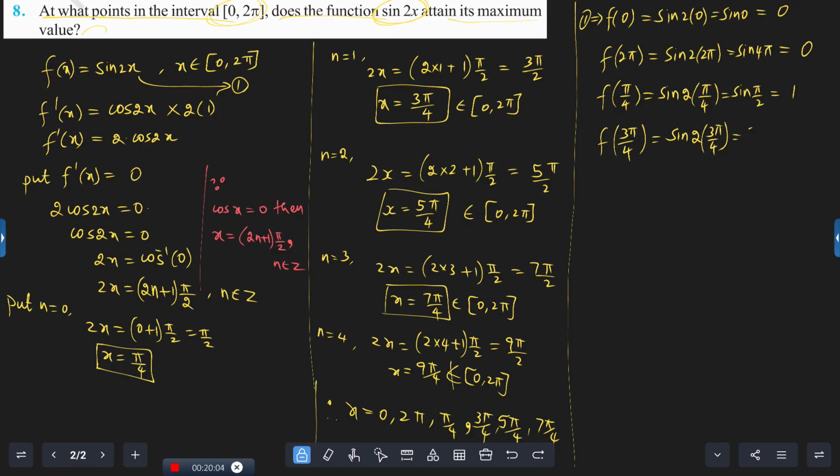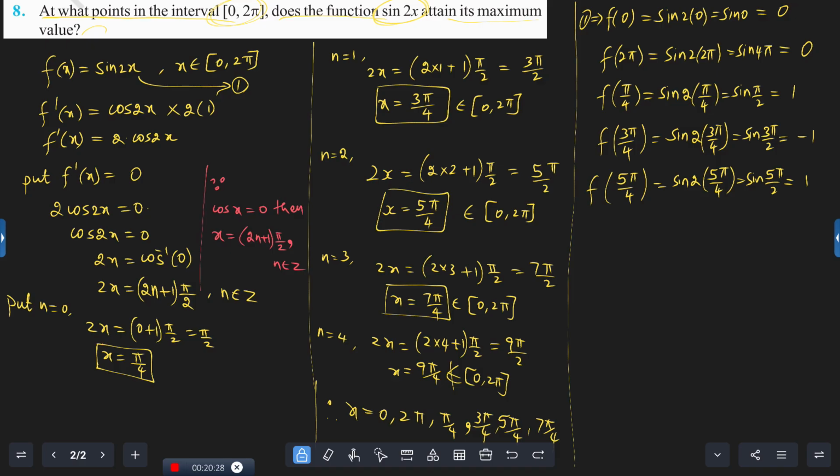Cancelling 2 and 4, we get 3 pi by 2, which is 270 degrees, so minus 1. Again f of 5 pi by 4 is sine 2 into 5 pi by 4, which is sine 5 pi by 2, and that is 1.